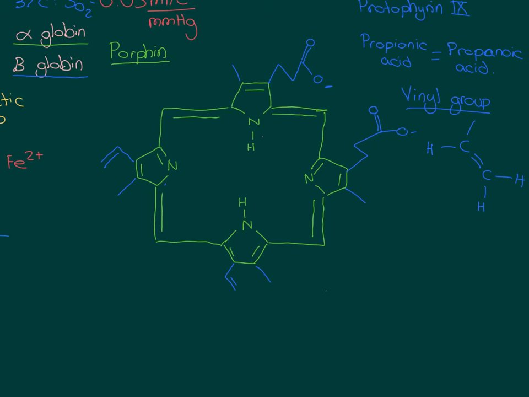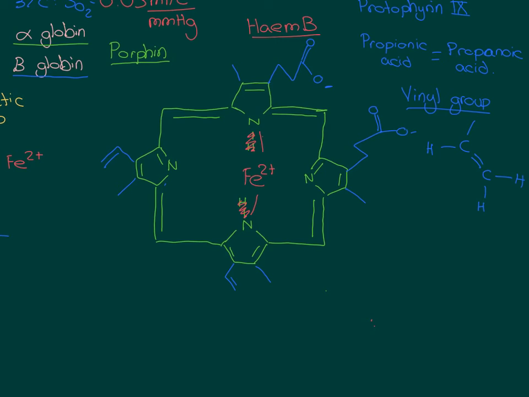Okay, so I'm now doing how we're going to convert this from protoporphyrin 9 into the final thing, which is heme B. So the first thing we're going to do is get rid of these, okay? No more hydrogens. And instead, these nitrogens are going to be covalently bound to a ferrous cation here.